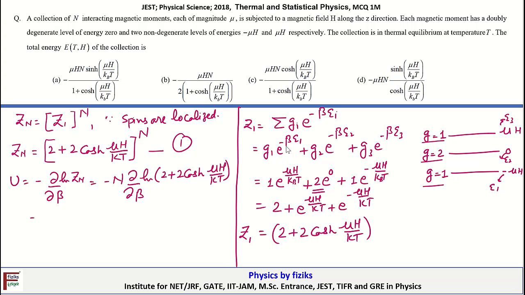Okay, and this is equal to minus n upon 2 plus 2 cos hyperbolic mu h by kt.